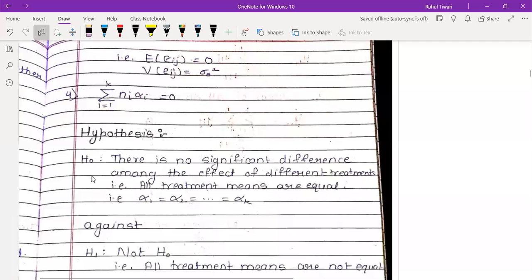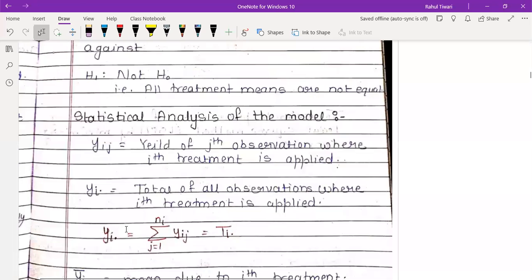So try to understand this H naught. Once H naught is created, just look at this task: statistical analysis of a model. Yi we have already seen. Now Yi dot, please make sure that this notation says a lot of things.